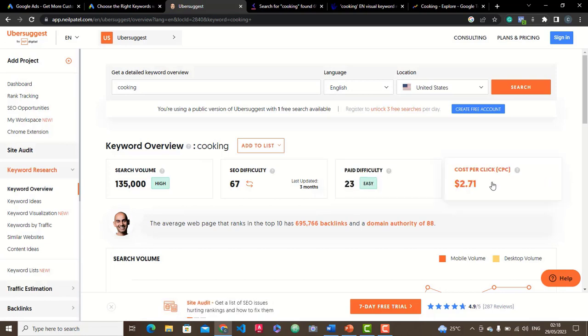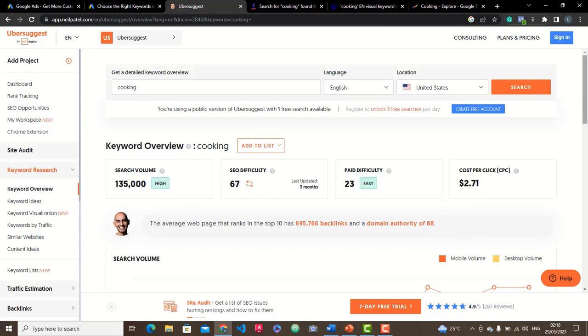So what can this particular tool do for you now? It's going to give you some ideas that you can use. You can see some keyword ideas that it's giving you here, like cooking bacon in the oven, and it has 110,000 search volume. See the difficulty. So what you want to look for is a difficulty that is very low, with high search volume.